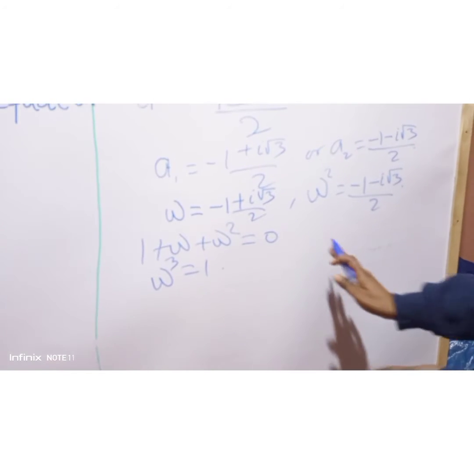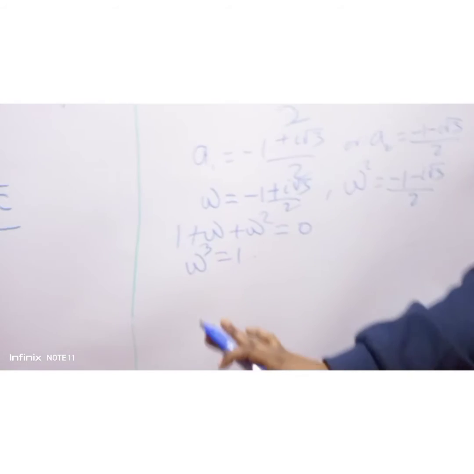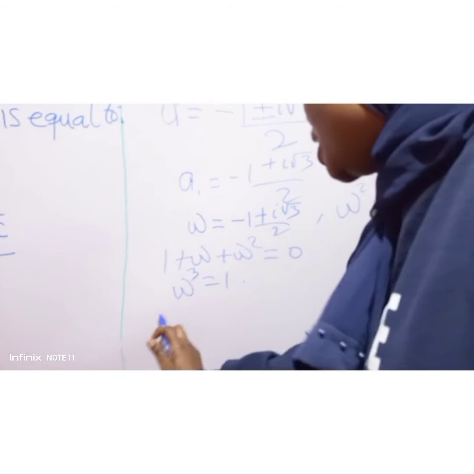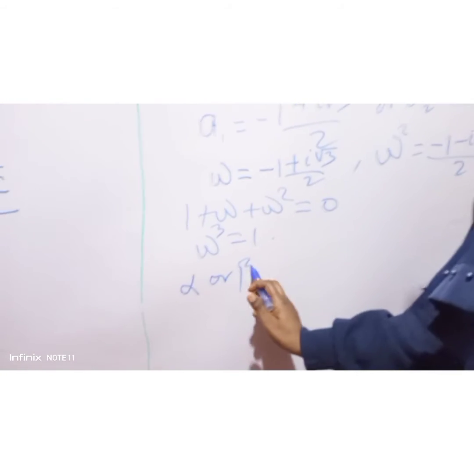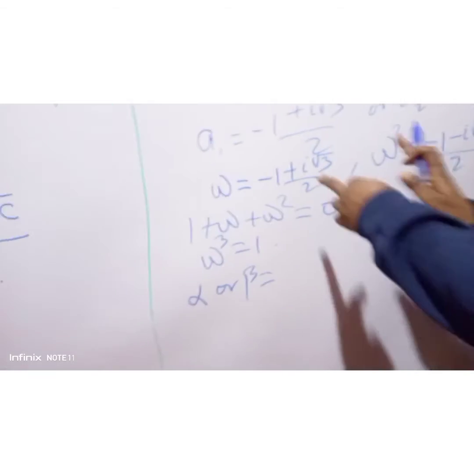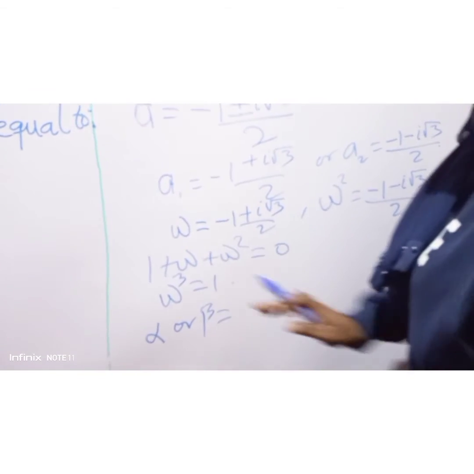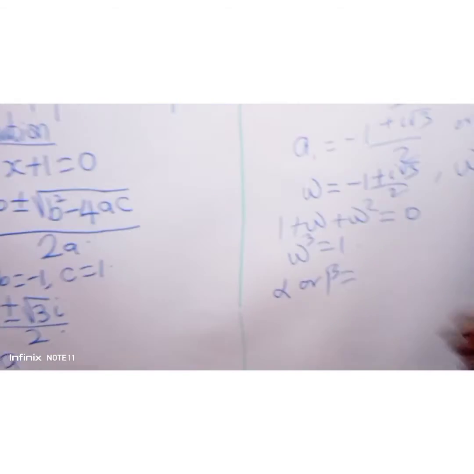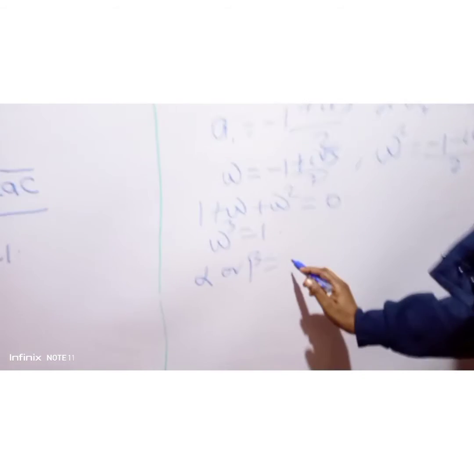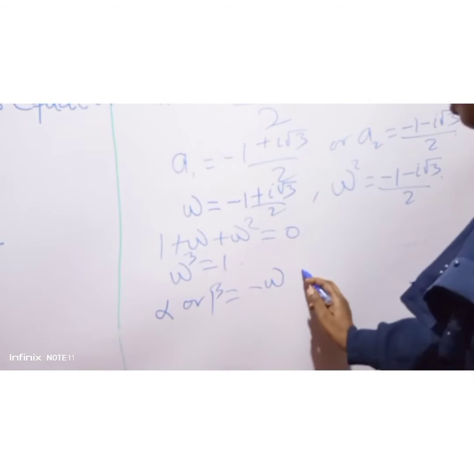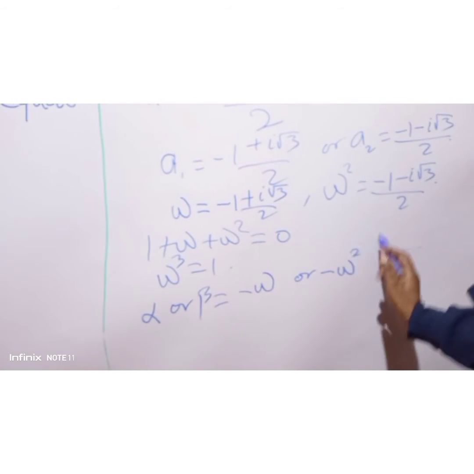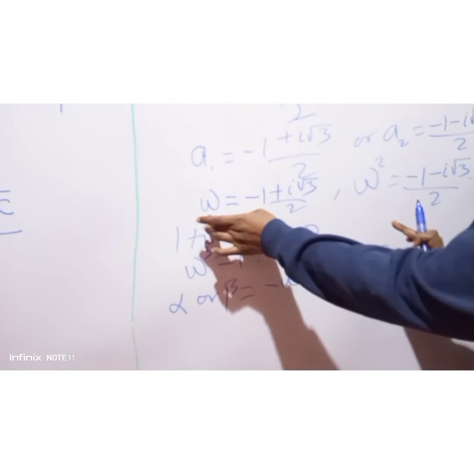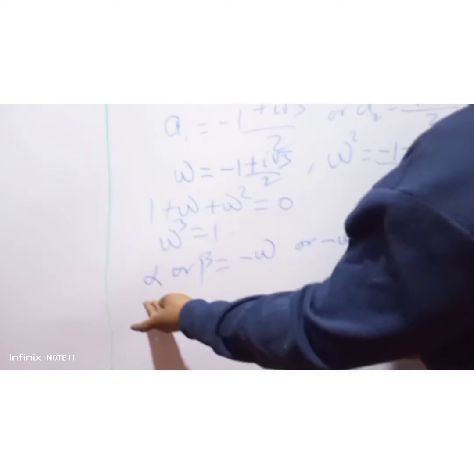So now we can say that our alpha and beta, the roots of the initial quadratic equation, since this one has minus at the front and this one doesn't have minus, we can say that our alpha here is minus omega, and the beta is what? Minus omega squared.